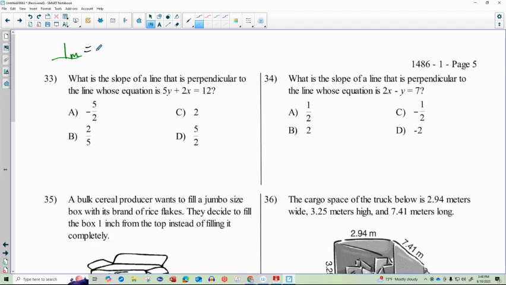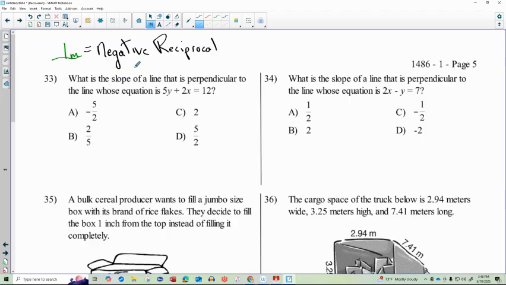And you might remember this when I say it out loud, that what you need to understand to find a slope that is going to be perpendicular are 2 words: negative reciprocal.